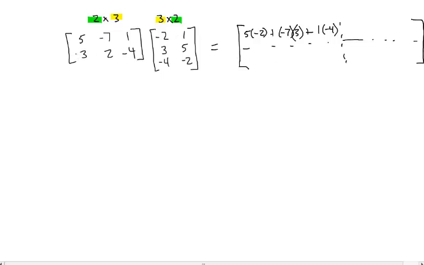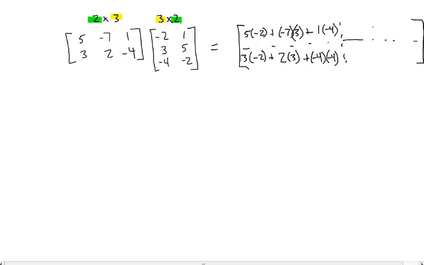So we're going to go across row 2. So we have 3 times negative 2 plus 2 times 3 plus negative 4 times negative 4.